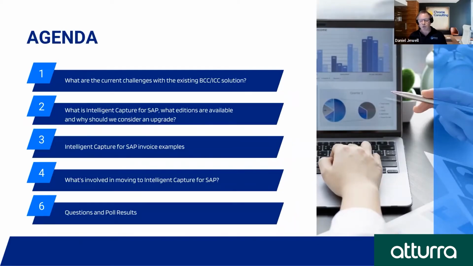We're then going to run you through a couple of real-life customer example invoices and show you some of the before and after results that you can expect from Intelligent Capture. And then we're going to finish off with a bit of a session on how to move to Intelligent Capture. So what are some of the steps for a new implementation and an upgrade? And then we're going to finish off with a Q&A session.